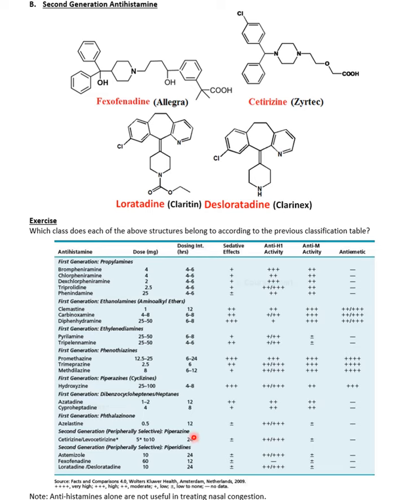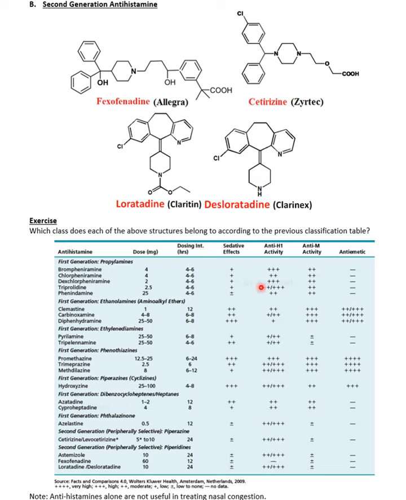Finally, in this table, I don't expect you to read everything in it. I just want to show you the pattern of the actions among the first generation and the second generation. So all these are first generation, and the second generation starts here. Then you have the sedative effect. Notice that the first generation has more sedative effect than the second because it crosses the blood-brain barrier, of course. Then you have the antihistamine H1 effect, which is about the same for both.